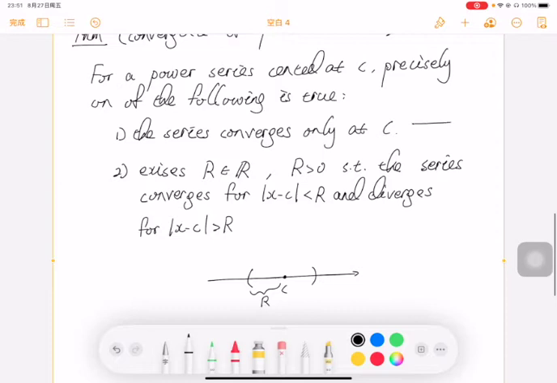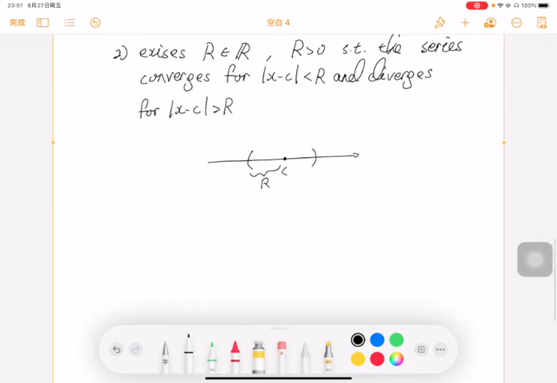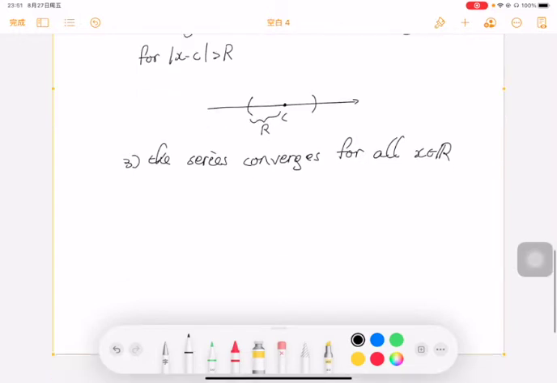And in the first case, your range of convergence would just be this single point C. And the last scenario is that the series converges for all x in R, for all real numbers. So that tells you that the entire real line is the range of convergence.